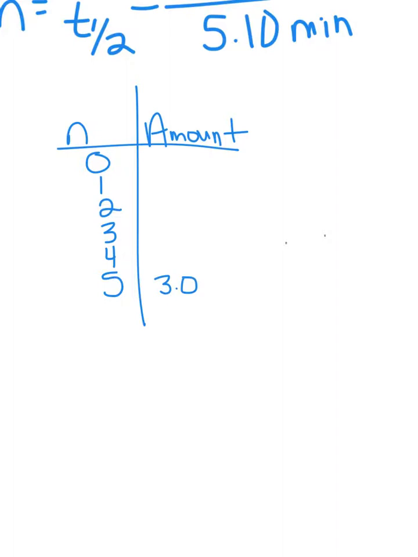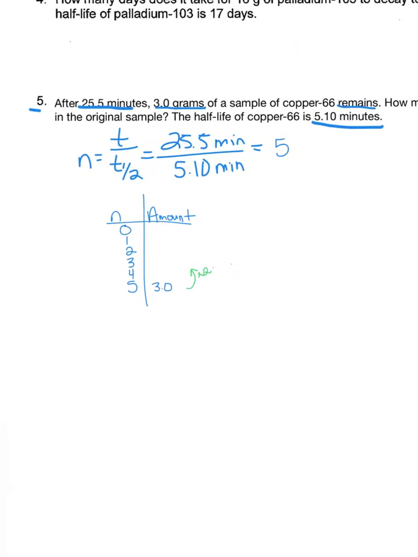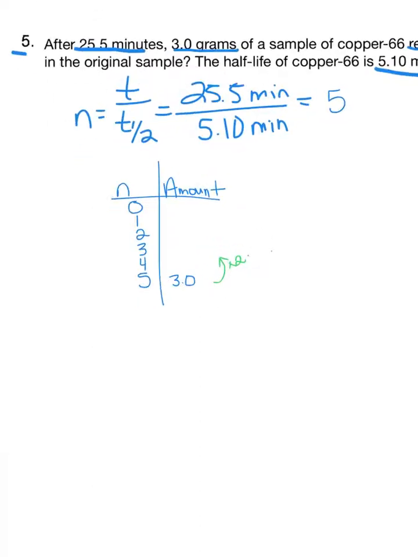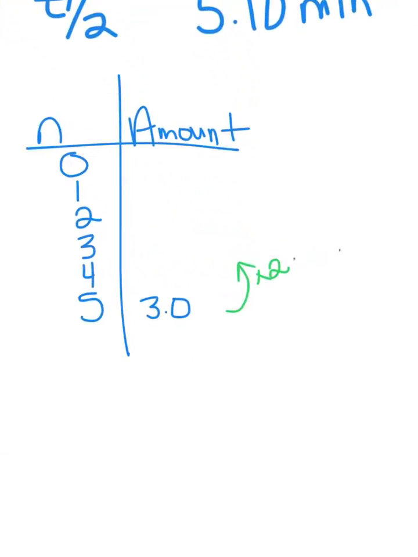Remember, working my way up, I'm going to be multiplying by 2 each time. If I were working my way down, I'd be dividing by 2. They asked me for the original sample's mass, so I'm trying to work my way up to that 0 part. So 3 times 2 gives me 6 at the 4th half-life.